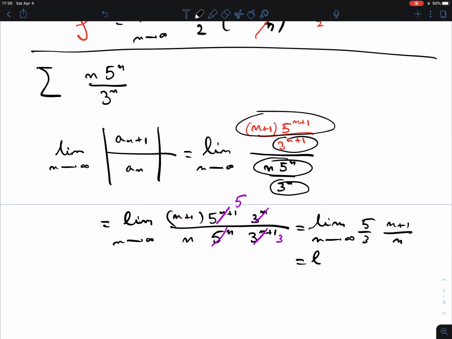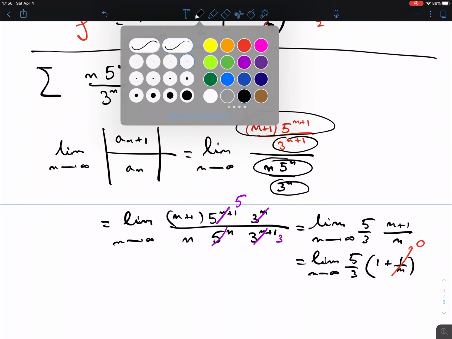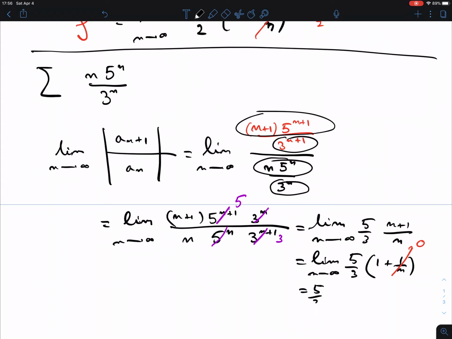So we get this 1 plus 1 over n. And as before, if I plug in infinity now, then this will be 0. And so what I get is 5/3, which is bigger than 1, and therefore we have divergence.